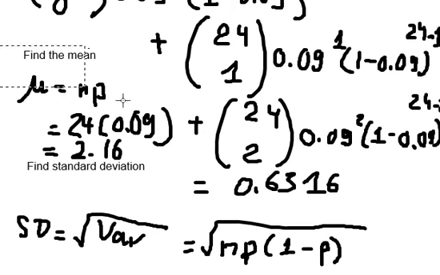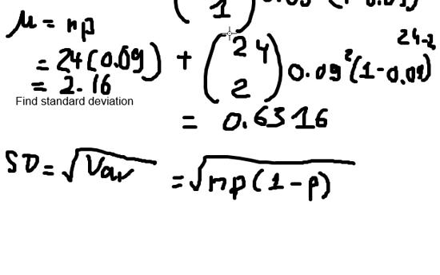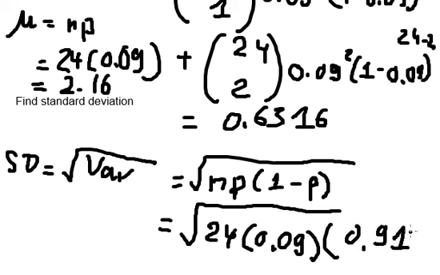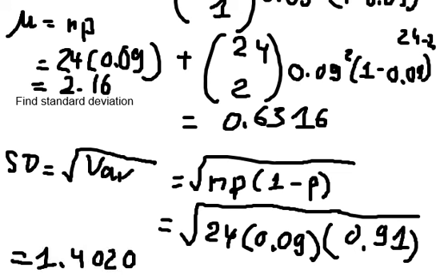So for this one, it is the square root of 24 for n. P is 0.09. 1 minus p is 0.91. So we calculate this one and we have 1.4020, and that is the final answer.